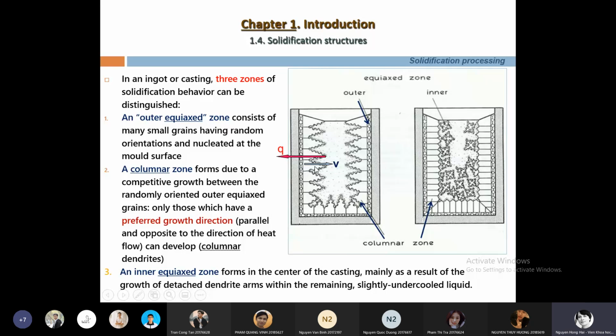Because of competitive growth, and only grains with the preferred growth direction can develop, and others cannot. So we have columnar grains like this. You see, they develop in only one direction. This direction is parallel to the direction of the heat flow, but opposite.